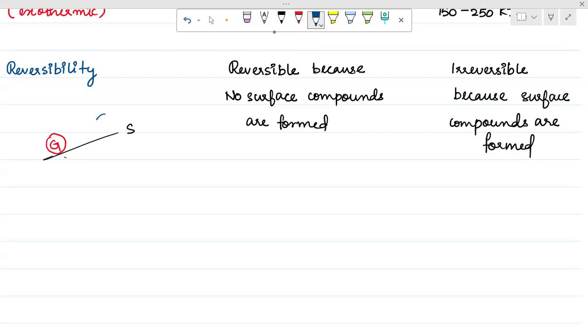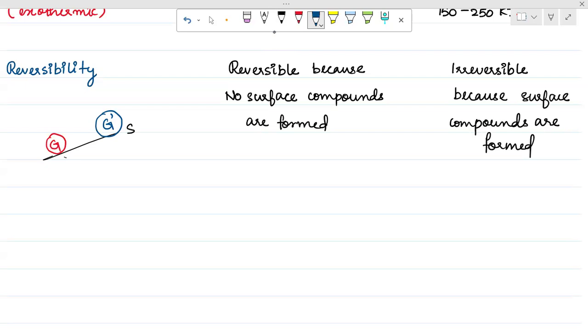The gas G forms a bond with the solid surface, and it changes to something else, like G prime. Then it is no longer reversible. Even if you release it, you get G prime, which is entirely different from G.